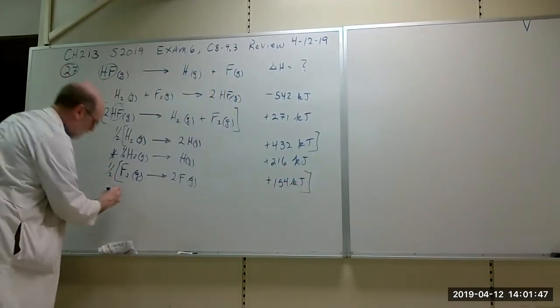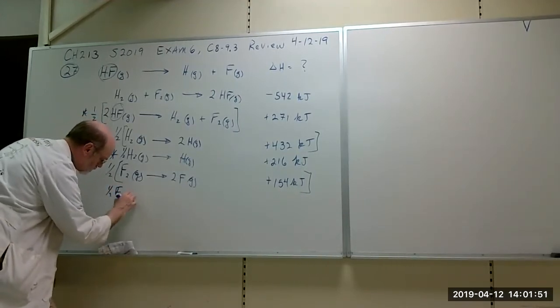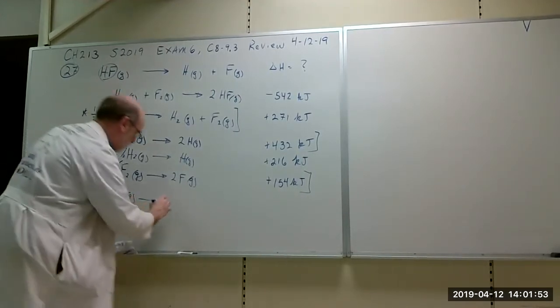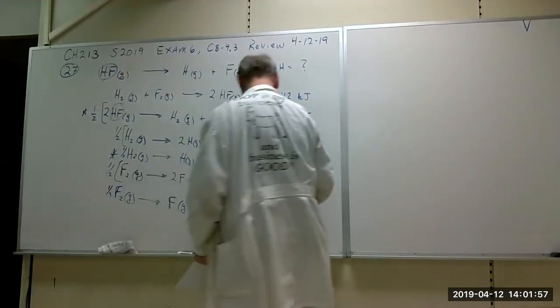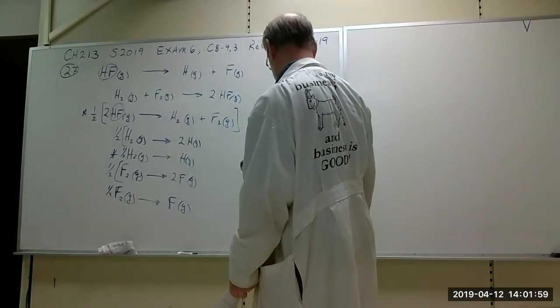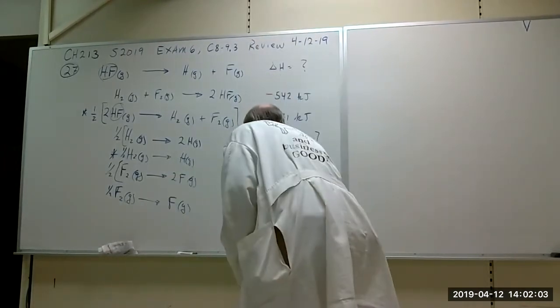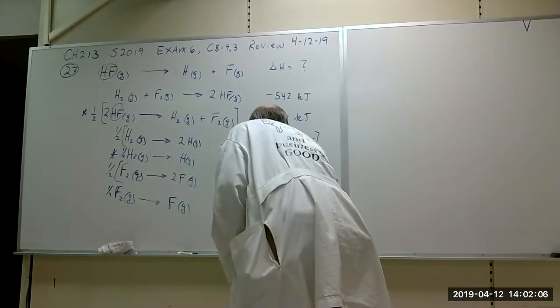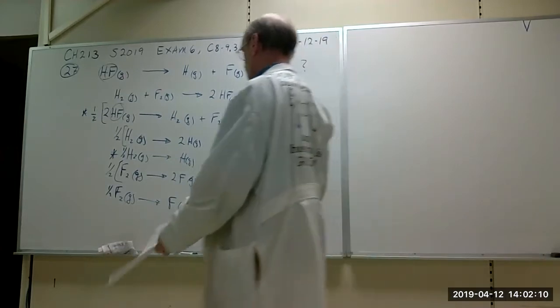So this one will be 1/2 F2 yields F, and then this value would be 77. Did I hear 77 back? I've got to check every now and then so it's not just voices I'm hearing.